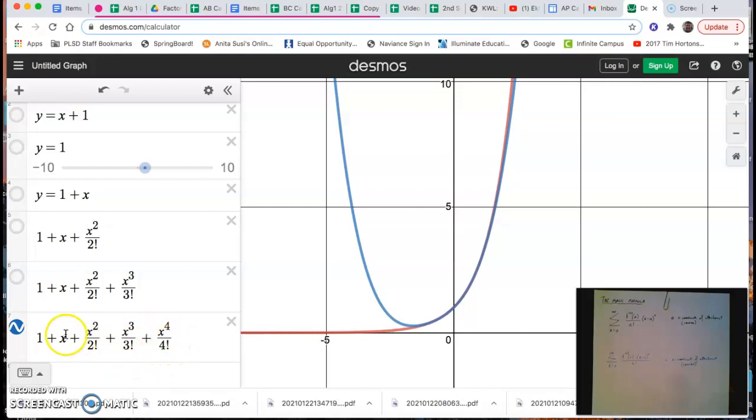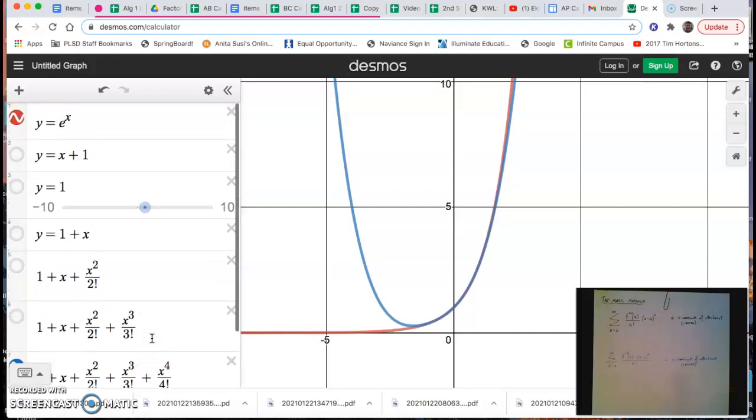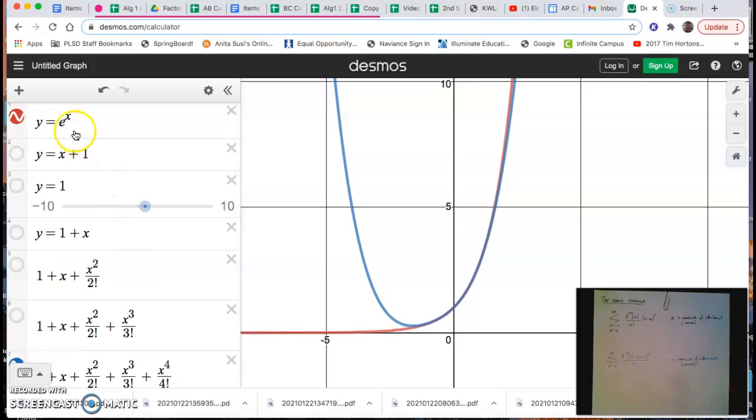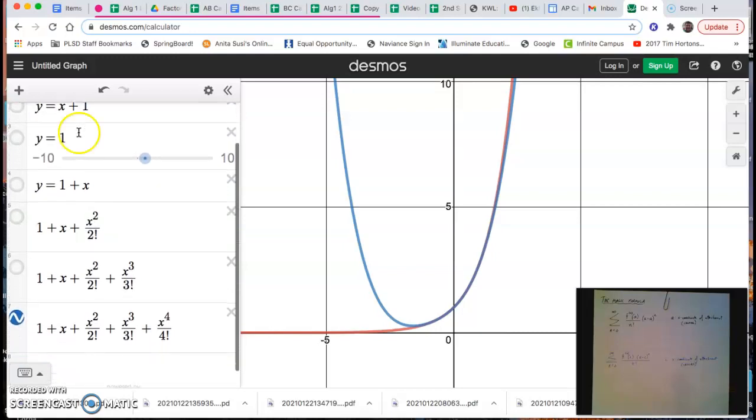And by the way, you might wonder, why would this be any good approximation for e to the x? One way to think about it is, back in the day, before all the technology we have, you might not be able to work with e to the x very well, just doing arithmetic, but even though it would take a long time, you could plug in x values and get out y values for this fourth degree polynomial just by arithmetic. Really everything in there is just multiplication and addition.